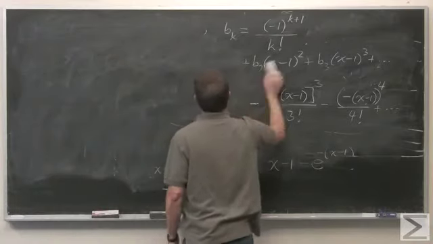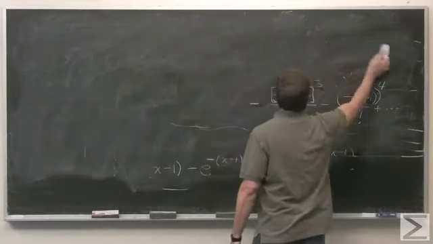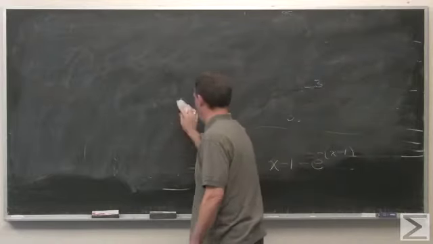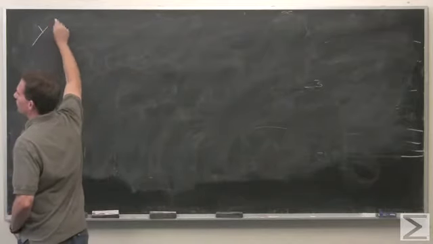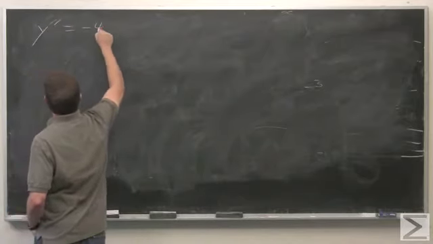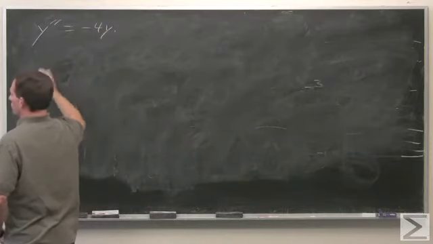So we have no initial data. But we get that we're supposed to have y double prime equals minus 4y. And we just found that y double prime is this.